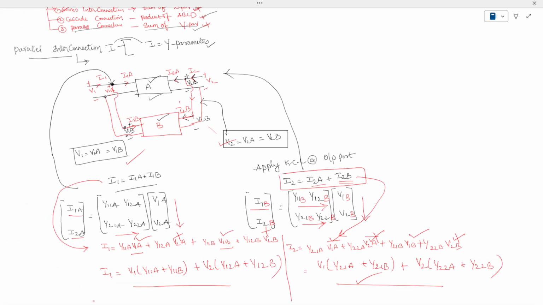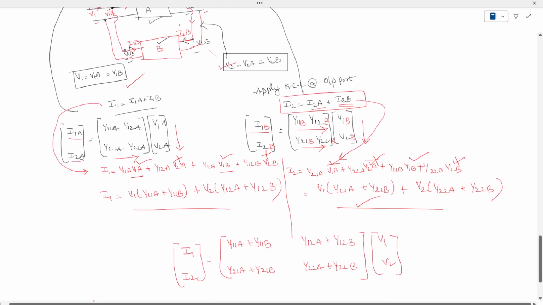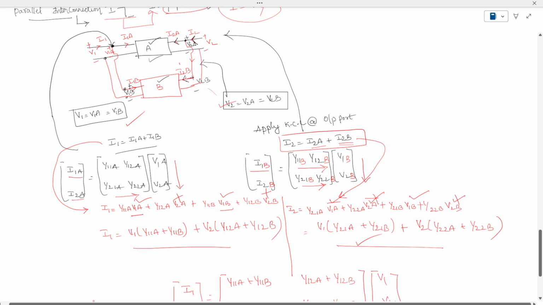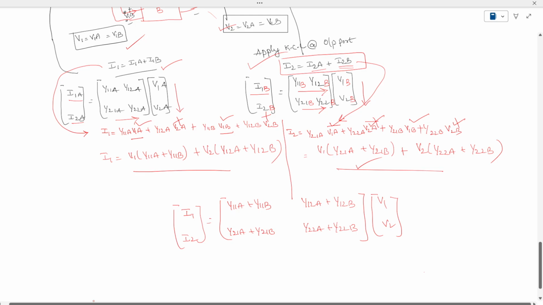So you can see that we have performed the parallel connection of A and B. I already told you current division will occur, and current division means we want parameters which are in terms of I, that is I equal to Vy. Which parameters are there? Y parameters. That's why we took it in parallel and wrote the KCL and KVL at the input and output ports. We got I1 is equal to I1A plus I1B, I2 is equal to I2A plus I2B, and wrote them in standard format.